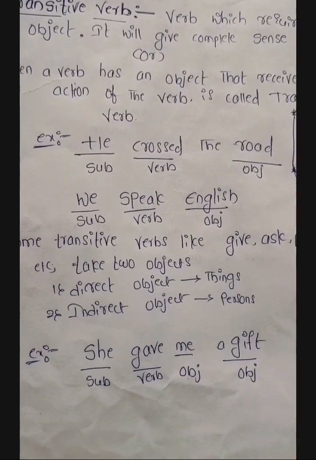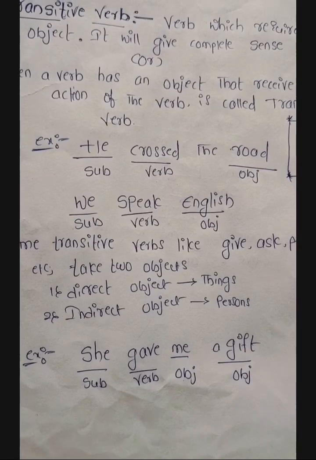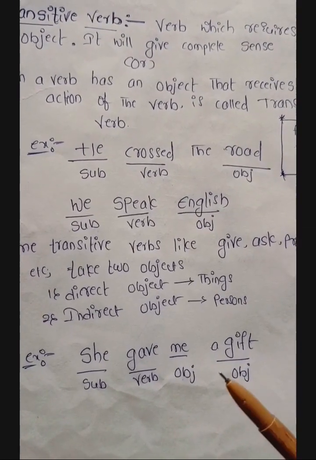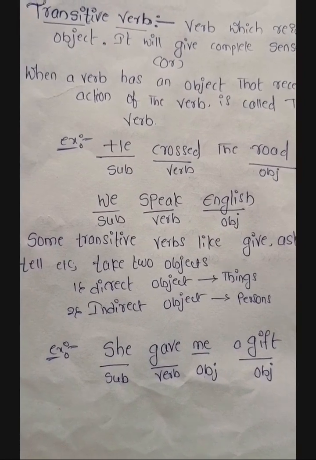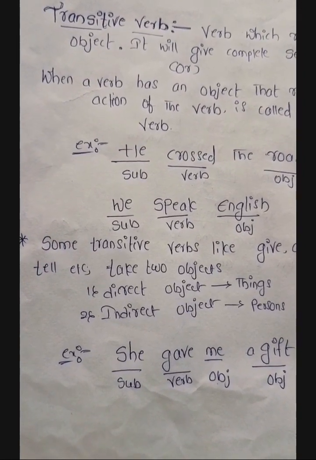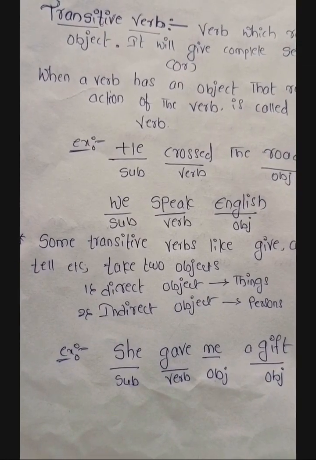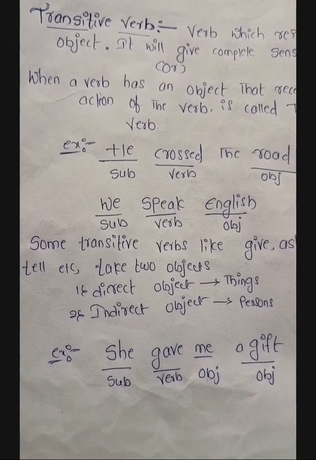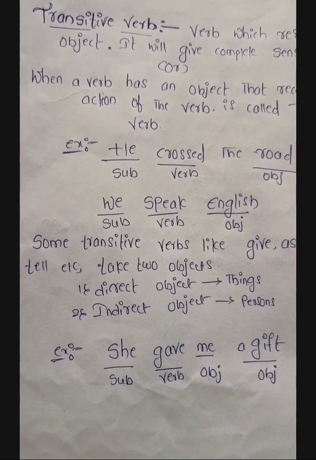Two objects are important to give the complete information. Without the direct object, it will not give complete information. See once, without the direct object: she gave me. What did she give you? It is not giving the complete information. So two objects are important in some cases for transitive verbs.